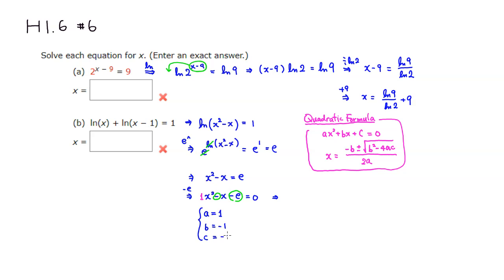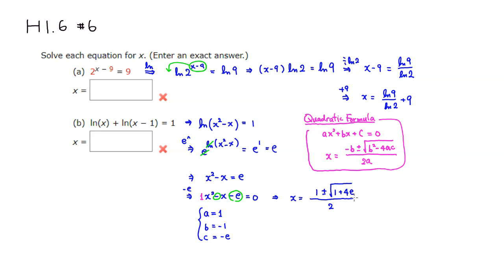Going through the quadratic formula, x is equal to negative b, which is positive 1, plus or minus the square root of b squared, which is 1, minus 4 times a, which is 1, times negative e, so it's plus 4e, all over 2 times a, which is 1.